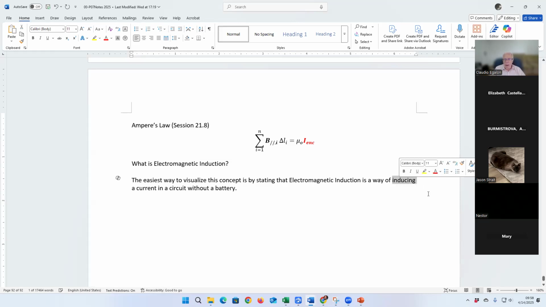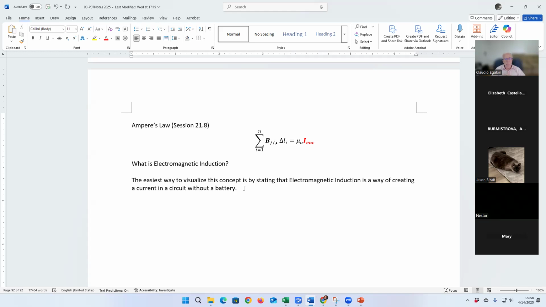A way of creating a current in a circuit without a battery. That's the simplest way of understanding what electromagnetic induction is. It's not the most generic concept, but we start there.